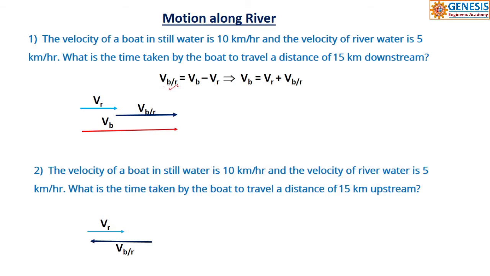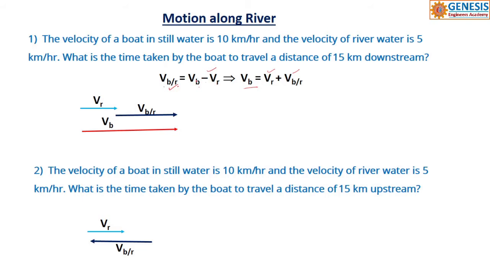That is nothing but VB minus VR. We learned that in the previous video, relative velocity part 1. So the velocity of the boat is the velocity of the river plus the velocity of the boat relative to river water. This is the problem of motion along the river.